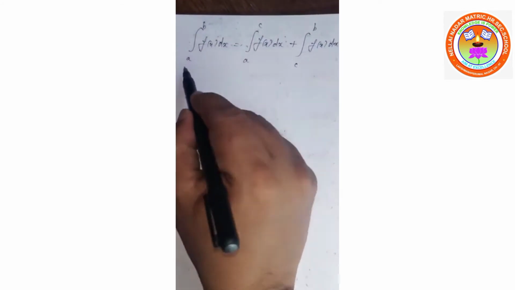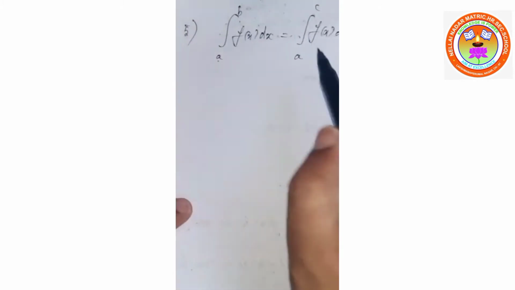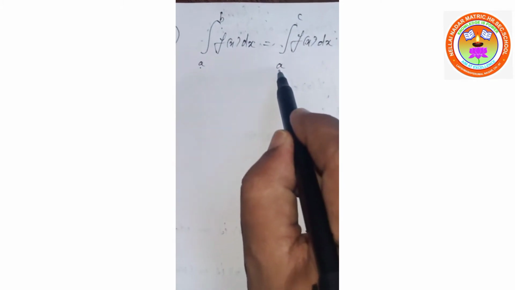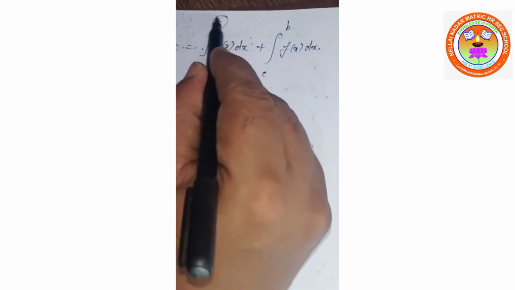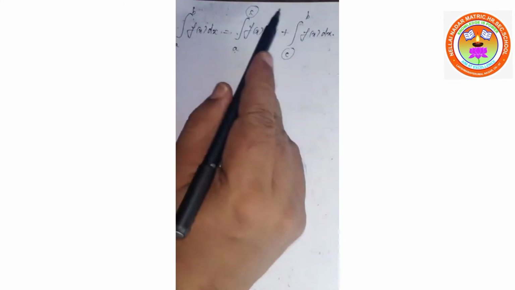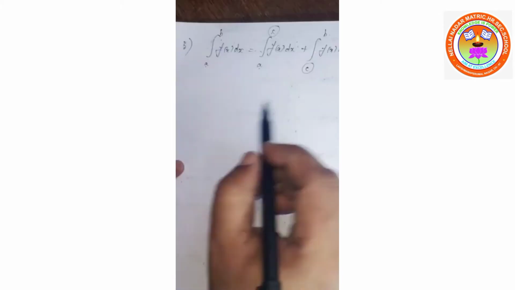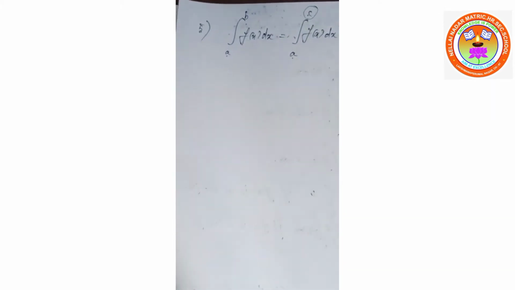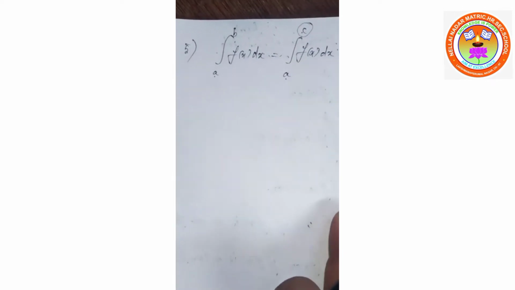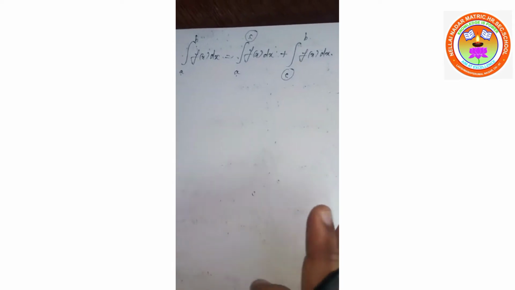Here the starting limit is a and the ending limit is b. Look at the continuity: the upper limit is c in the first integral, and in the second integral the lower limit is c. Continuity is there, so these two are the same. These are the important properties to be applied in this exercise.